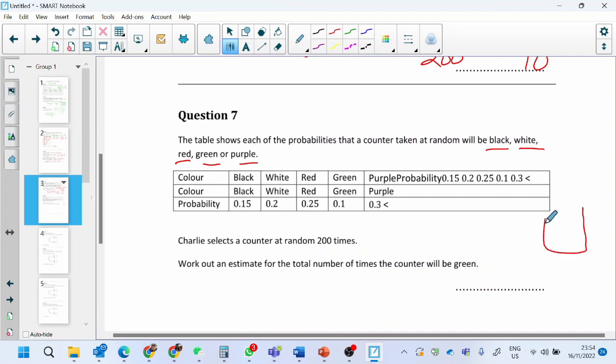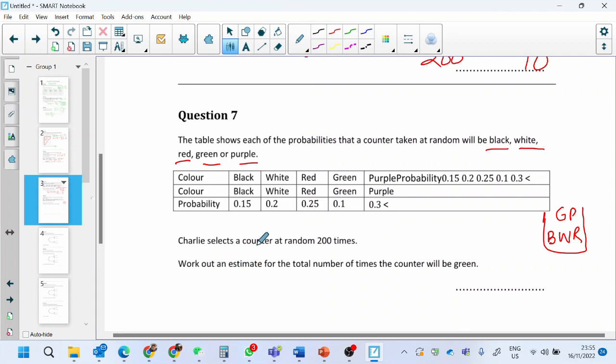For example, there is a bag in which there are different counters: black, white, red, green, or purple, and the probabilities of each are given. The probability of getting black is 0.1, white is 0.2, red is 0.25, green is 0.1, and purple is 0.3.